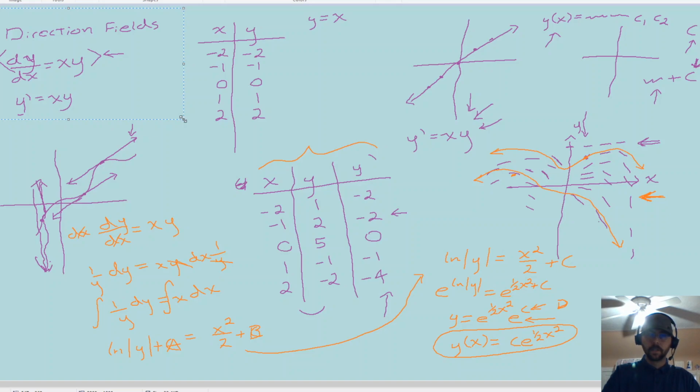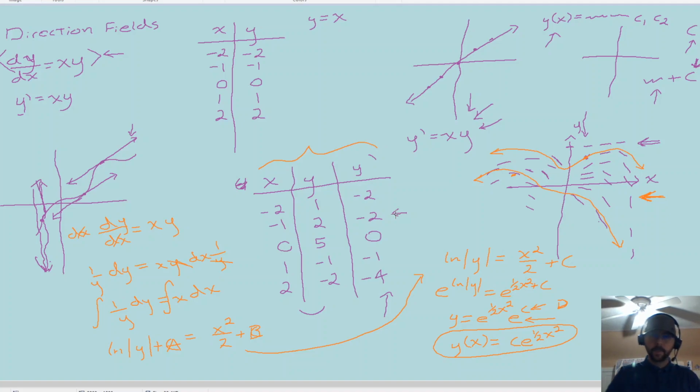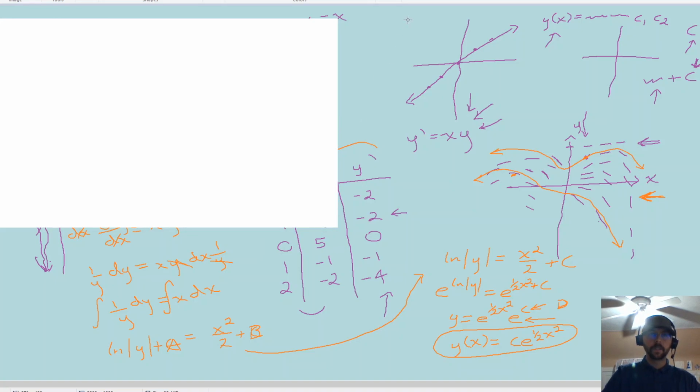Let me rewrite it. I wasn't on any space. All right, where'd my mouse go? Ugh. There it is. Okay, so let me delete this. Let me get back to this color.